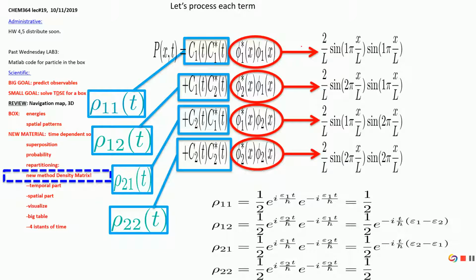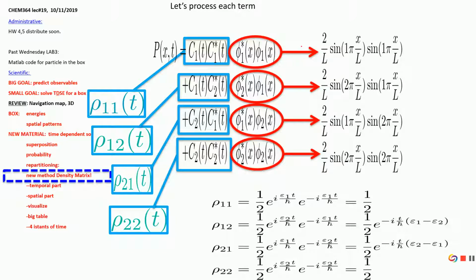So for element 1,1, we have evolution forward, first energy times t minus imaginary unit, and evolution backwards, the same thing with the opposite sign. So plus and minus with the same pace. So 2 exponentials, e to the x times e to the minus x, give 1, right? And since we have the initial expansion coefficients stored in here, there will be 1 half.